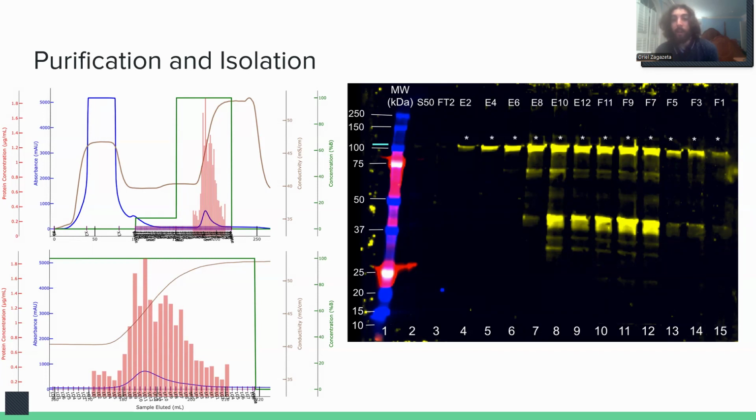This used the tags that were mentioned earlier with the vectors to isolate the protein from the other proteins that would be created by the E. coli. As you can see on the left, we got a significant elution peak for this protein, and on the right, you can see the bands are a lot more isolated as opposed to just the original gel. We have a lot more isolation and purification of this protein as opposed to previously.